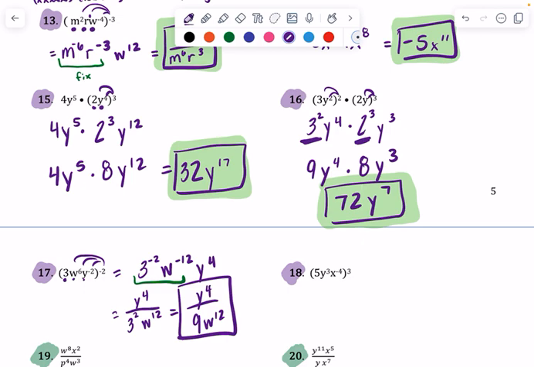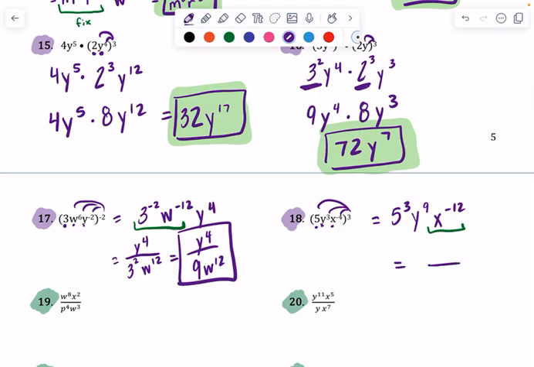And number 18, same thing. 5, y, x all get that 3rd power. So 5 to the 3rd, 3 times 3, y to the 9th, negative 4 times 3, x to the negative 12th. Fix, move, make positive that exponent, so that needs moved.